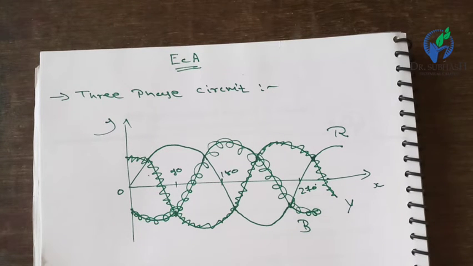The 120 degree phase difference of the three phases must be maintained for the proper working of this system, otherwise the system will be damaged. The types of connection of this three-phase system are of two kinds: the star connection and the delta connection. Now we discuss the detailed explanation of the star and delta connections.